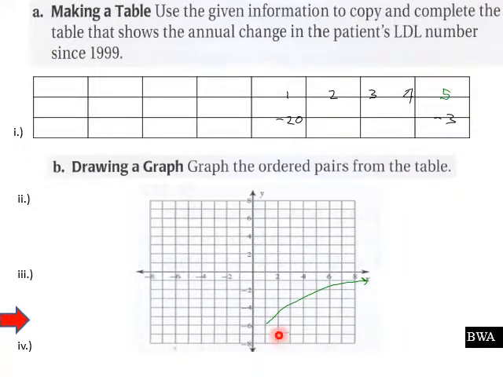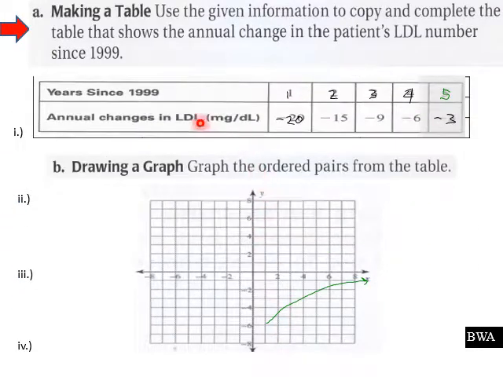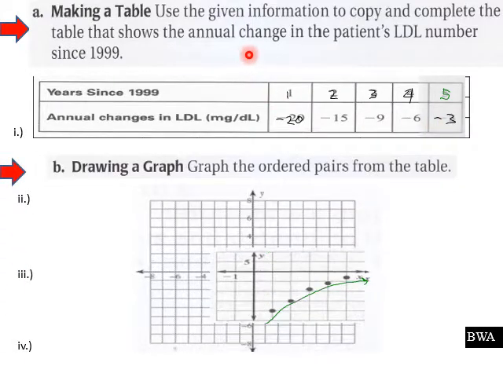Here is your table for the LDL cholesterol: -20, -15, -9, -6, -3 years since. So we have less LDL as we go. And then the graph here to follow this table. Here's your plot here.